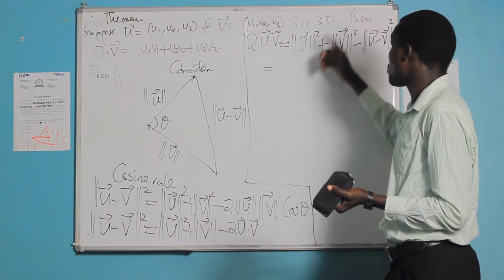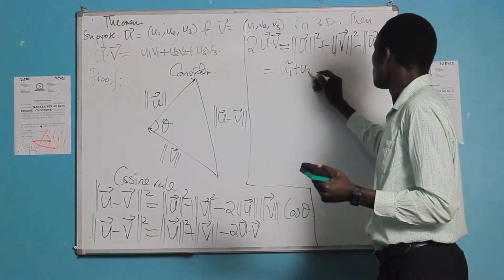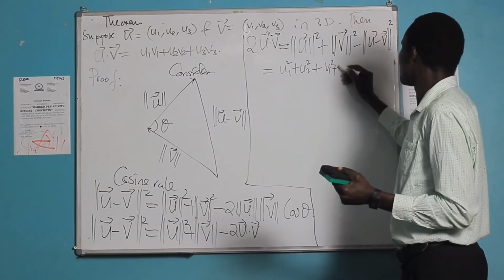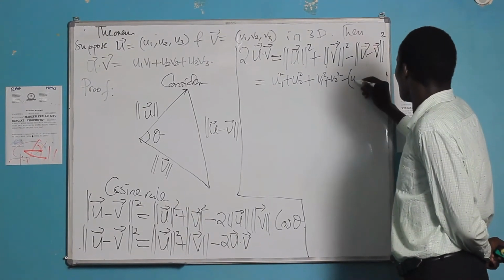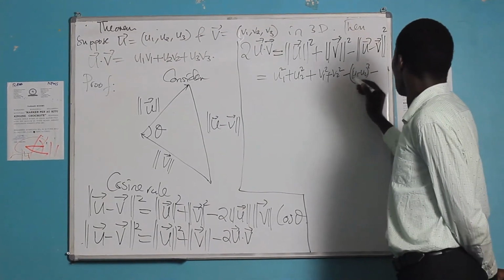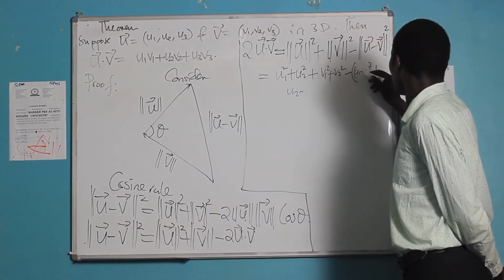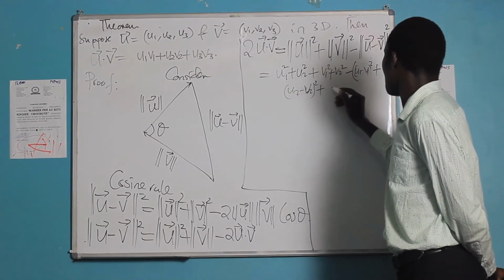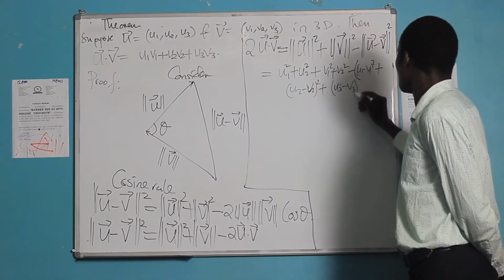So if you square it, you remain with u1 squared plus u2 squared, plus v1 squared plus v2 squared, minus (u1 minus v1) squared, plus (u2 minus v2) squared, plus (u3 minus v3) squared.